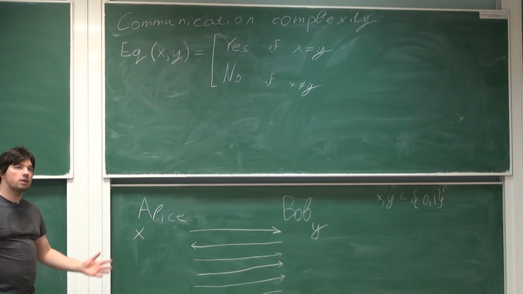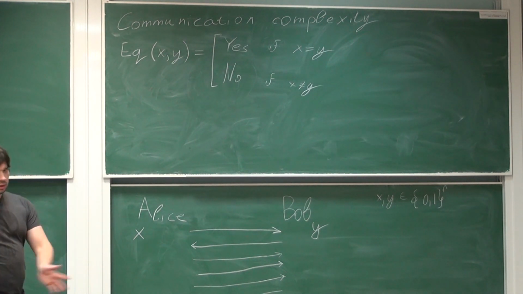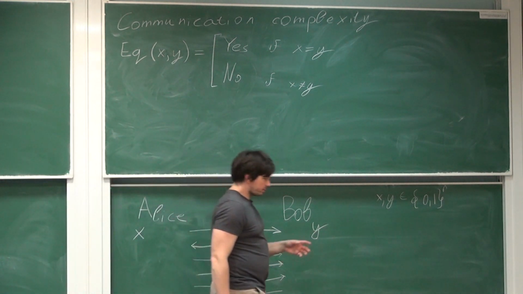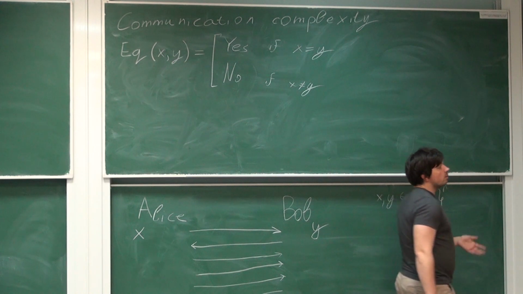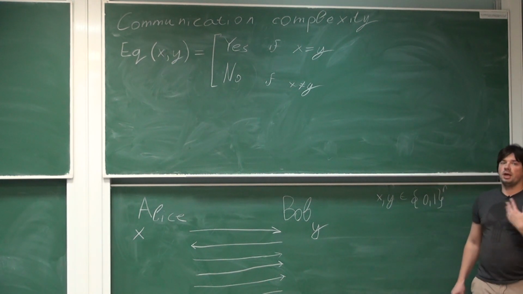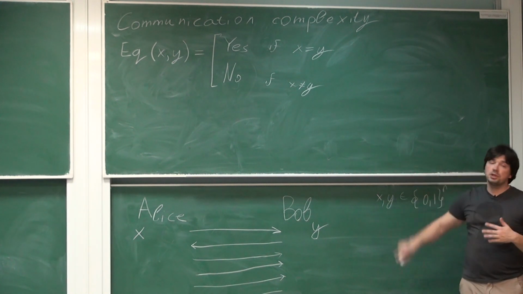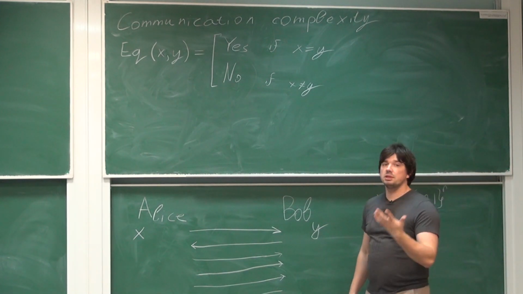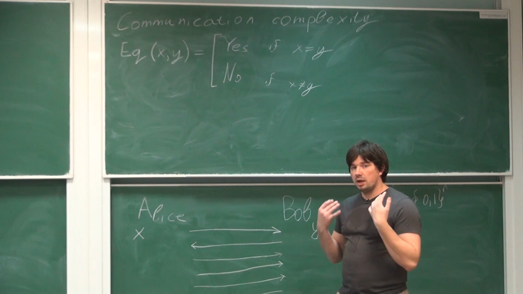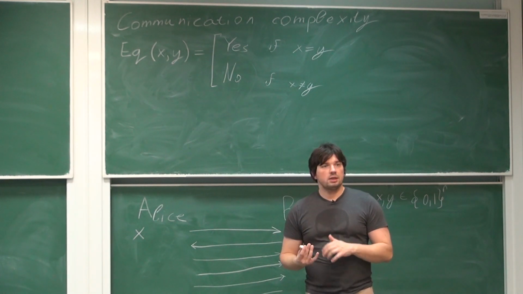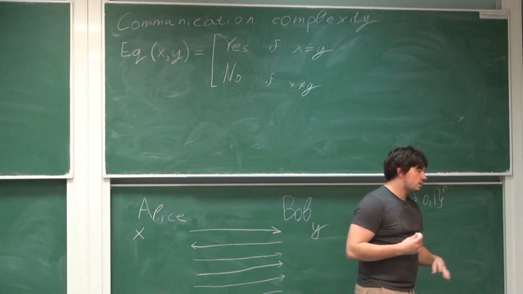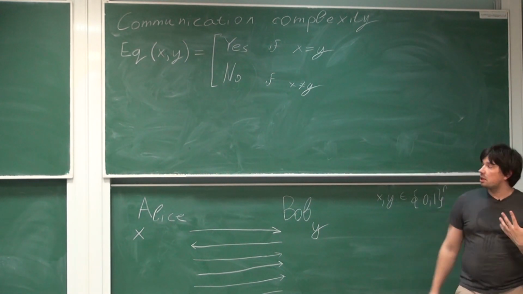It's an n-bit string, so she can actually send everything to Bob. And then Bob returns to Alice the answer to the question. So Bob tells Alice if their strings are actually equal, because now he can compare them on his own and doesn't need any more communication. So he just returns the answer to Alice. So we can do that in n+1 bits.